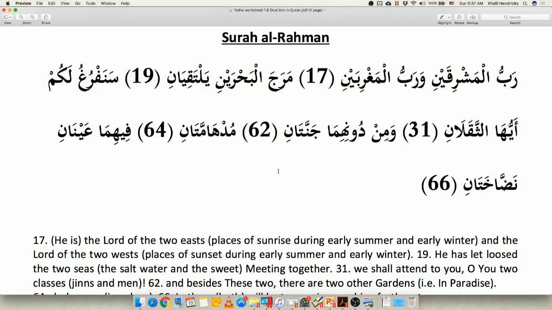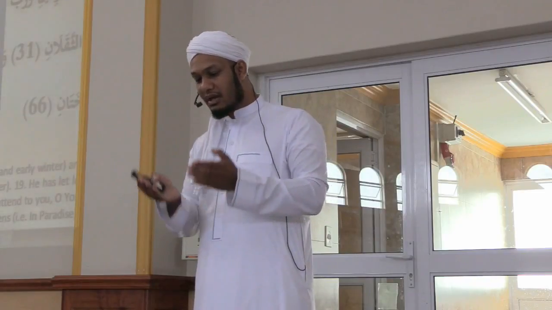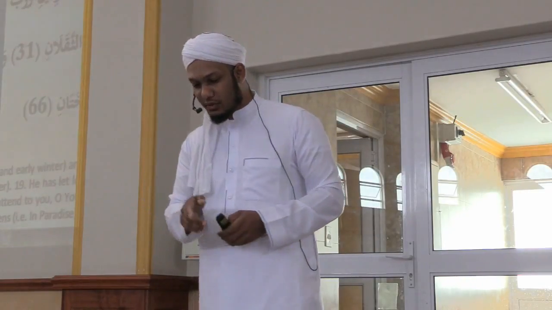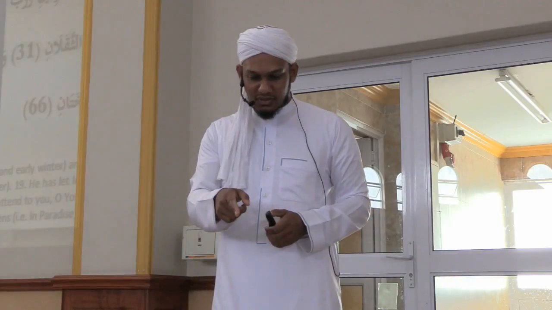So what's Mashriqaini? How many easts? Two easts. Okay, the tafsir later on, inshallah. Two easts. Rabbul Maghribain. Maghrib means the west. What's Maghribaini? So the first thing that popped out at you was what? That ani aini means dual. So whatever the word is there, it means two. Next one. Maraj al-Bahraini.